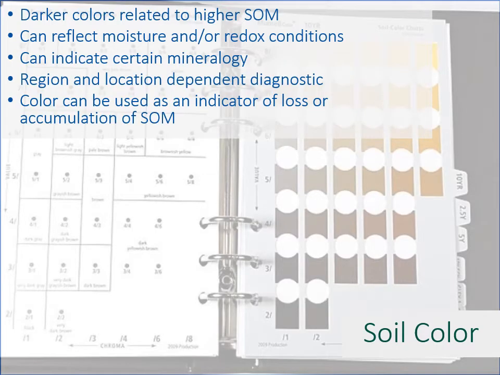The next assessment we're going to look at is soil color. And soil color is related to organic matter content, and really with this assessment, the focus is wanting to look at these trends over time.